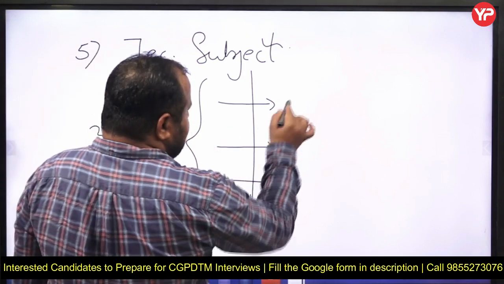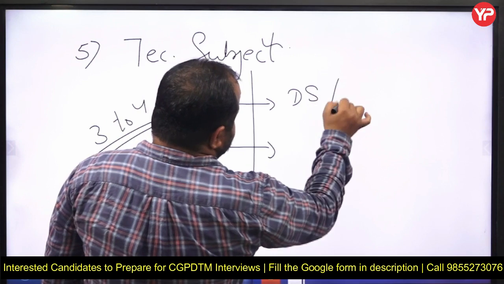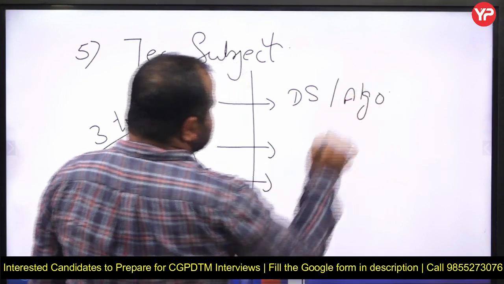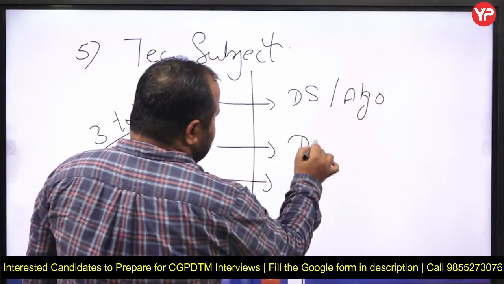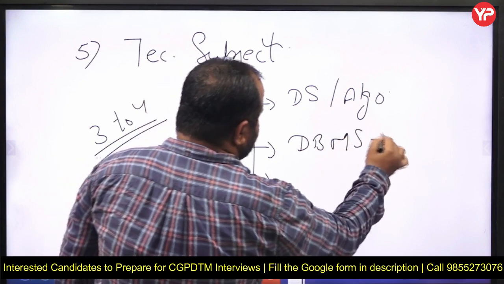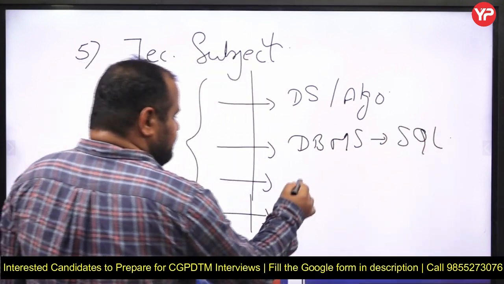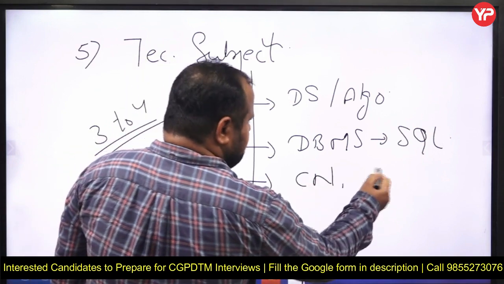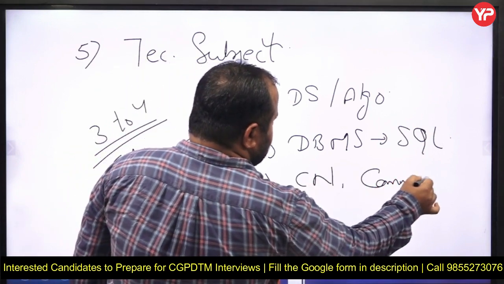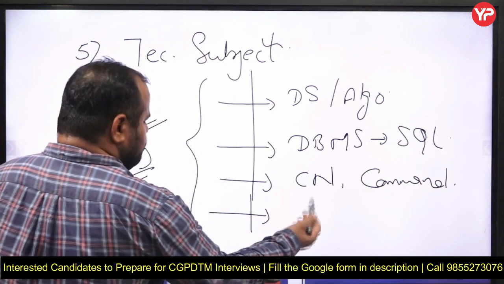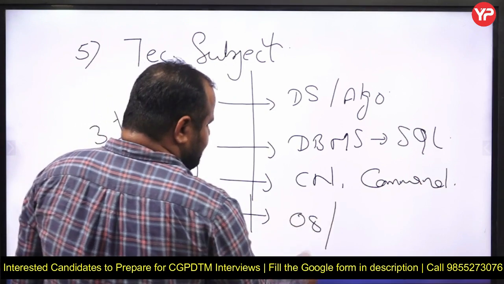Like CSE: data structures and algorithms will be your first subject. Then DBMS is your second subject. In DBMS, writing SQL queries is very important. Third is computer networks and some basic commands. And the fourth one you can take as any subject, such as operating system.